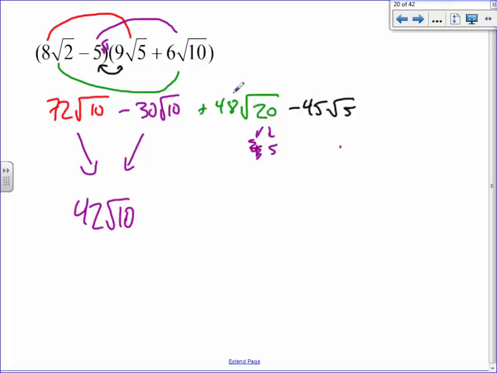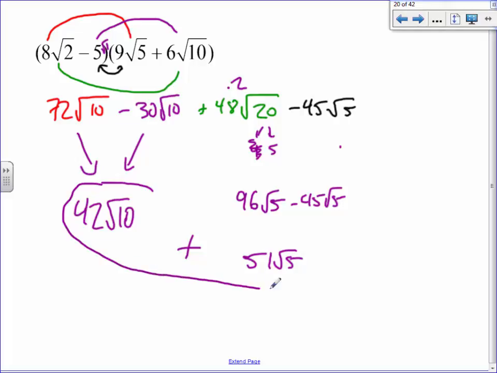So I can remove that, turn it into a 2. 48 times 2 is 96 root 5. Hey, this is convenient. The -45 is also a root 5. 96 minus 45 means you'd have, hope I didn't screw up my math, 51 root 5s. This would be your final answer: 42 root 10s and 51 root 5s.